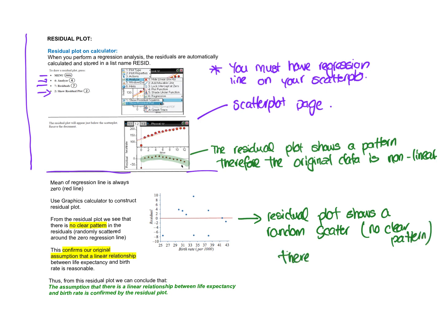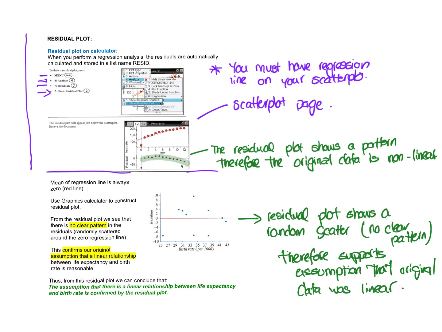Therefore, it supports the assumption that the original data was linear. Okay, so that's what you have to remember.